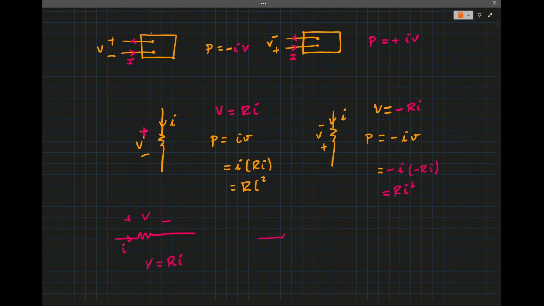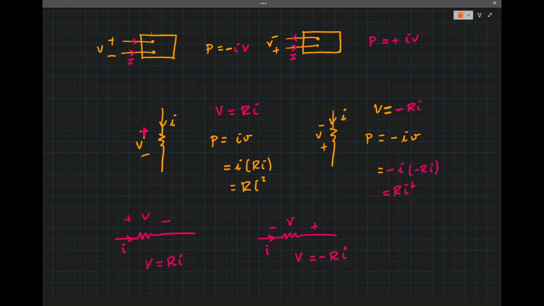But then if I have the scenario where the polarity of the voltage is labeled as what you see on the screen right there, then Ohm's law will be negative Ri.